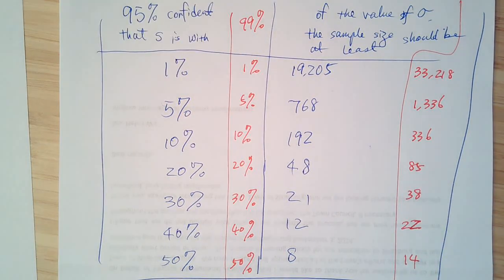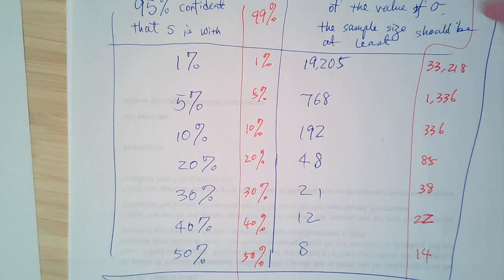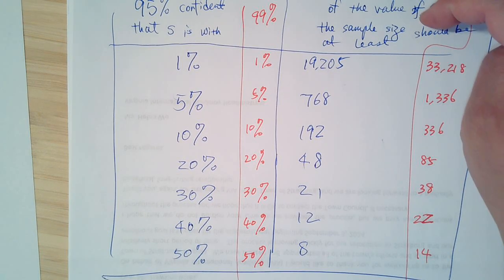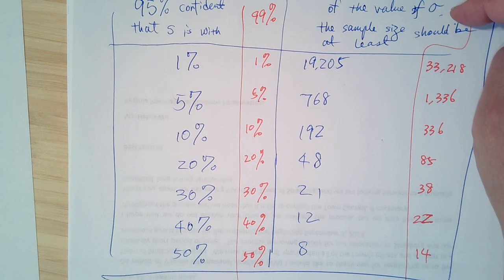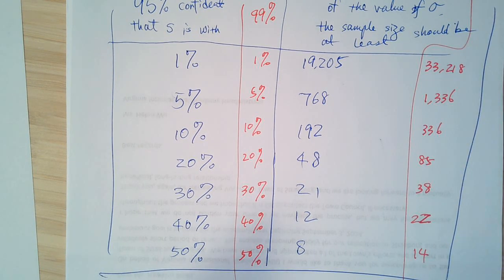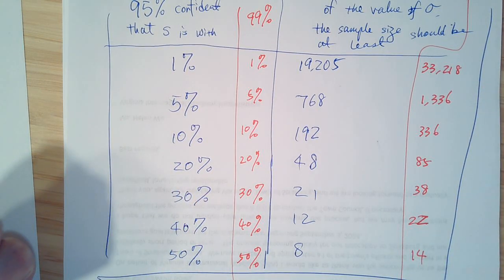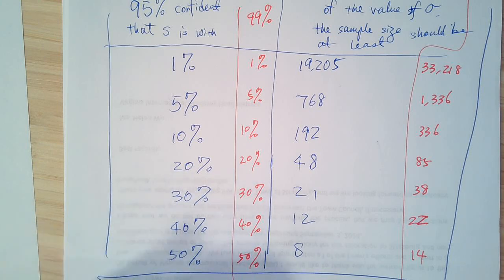Now, keep in mind when we want to estimate the variance or the standard deviation, we are not using the formula. We just use this table to find the sample size. Okay, so please don't try to go back to some formula, just use this table.